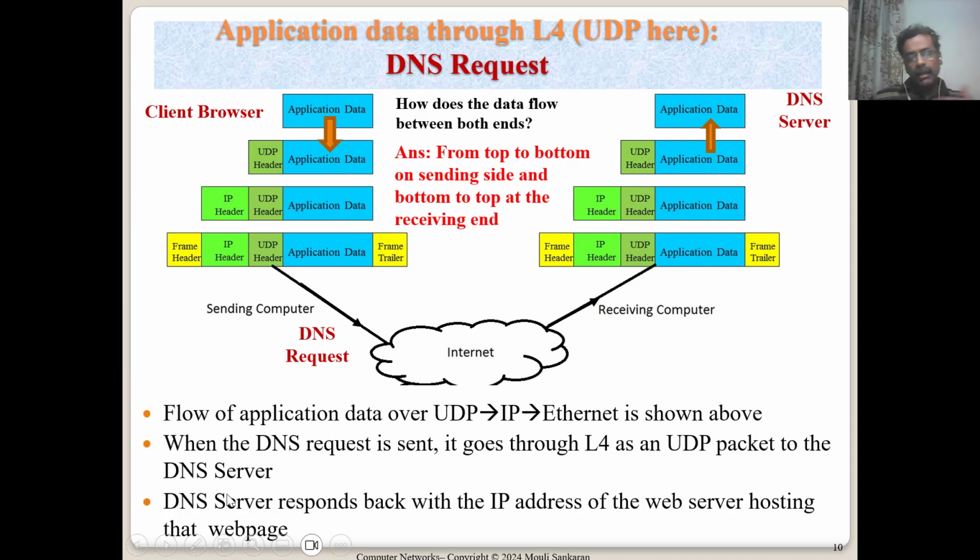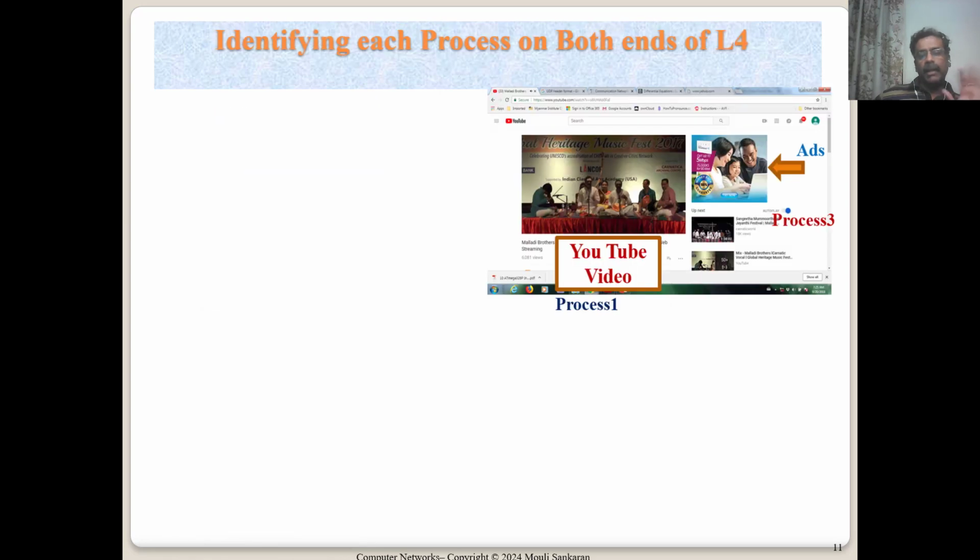Now connection-oriented, I will come to that when we talk about TCP. Right now, let us defer it for some time. So now the question is, how do we identify? I told you that data is coming from 2 different sources, and you may have multiple tabs running multiple YouTube videos. So the YouTube video belonging to this particular concert should come in here.